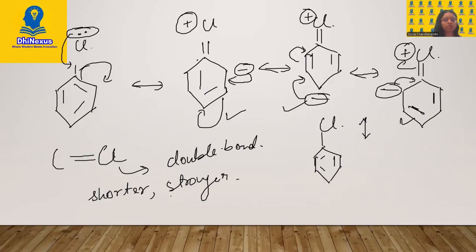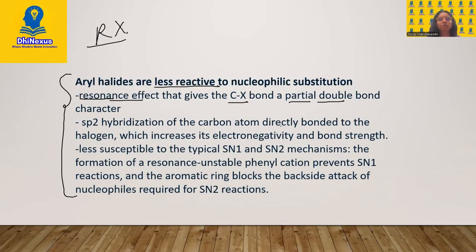The bond is strong. So this carbon here becomes sp2 hybridized, and this is sp2 hybridized as well. Because of sp2 hybridization, the electronegativity increases and so does the bond strength. Why does that happen?